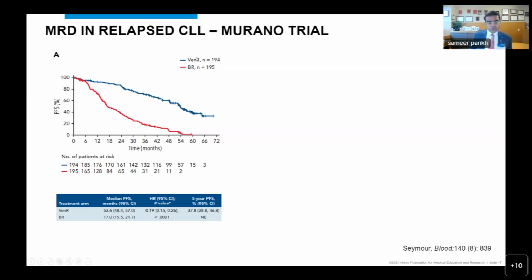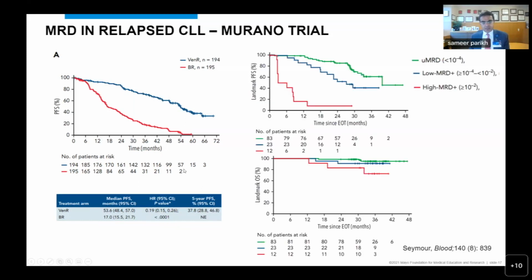And here, in contrast to the frontline setting, venetoclax in the relapse setting is given for 2 years, along with rituximab for 6 months. With longer follow-up, there continues to be a PFS benefit on the top blue curve with venetoclax rituximab compared to BR, with a median PFS of close to 5.5 years with venetoclax and rituximab.